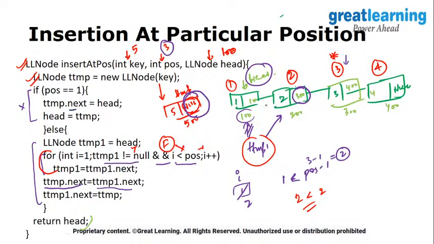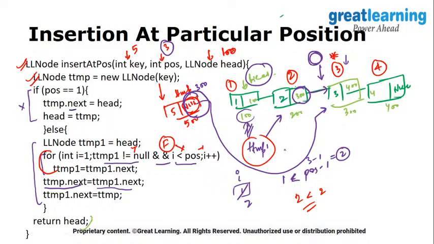Please store this 300 inside of this new node. So what does this mean? This means that this TTMP is now pointing to this thing. Now you have two nodes that are pointing to this node. Okay. Because we are inserting at this location, right? So we have two nodes that are pointing to this node.